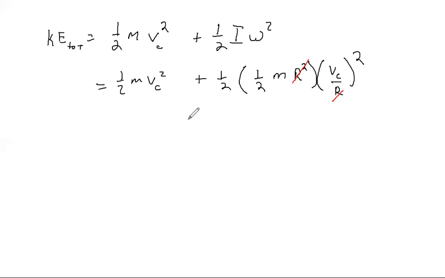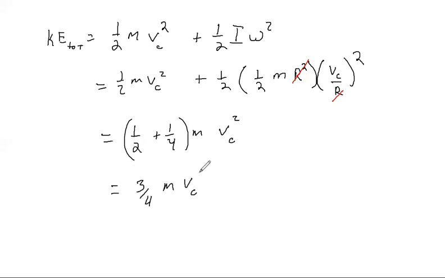And so we actually get a final expression, which is 1/2 coming from here, plus 1/2 of 1/2 m times the velocity of the center of the object squared, equals 3/4 the mass times the velocity of the center squared.